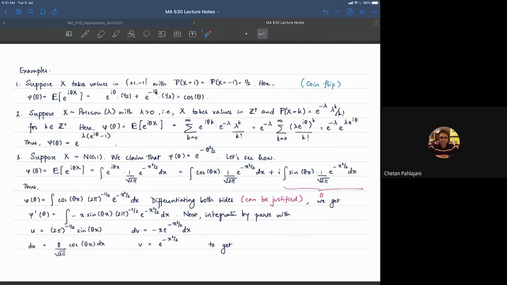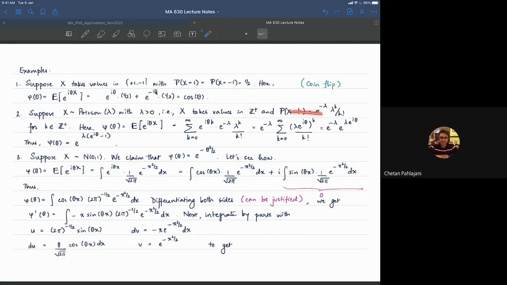This is just going to be the sum for k going from 0 to infinity of e to the i theta k, times the probability mass function evaluated at k, which is e to the minus lambda, lambda to the k over k factorial. And of course, this e to the minus lambda you can pull out. Then I'll have the sum for k going from 0 to infinity of (lambda e to the i theta) to the k over k factorial.